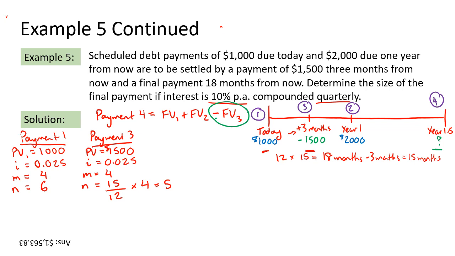Moving next, okay, we're looking at what I'm calling payment number 2. Okay, it seems kind of confusing that we're calling all of these payments. Okay, but keep in mind the big difference here is that payments 1 and 2, those were the scheduled payments, like I've said.